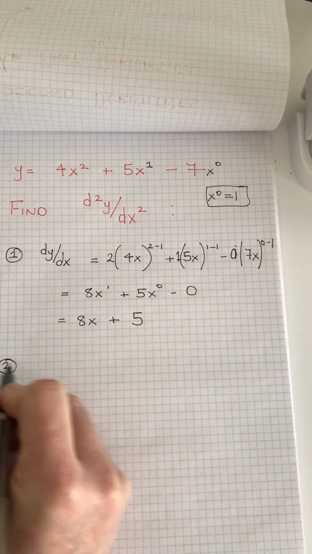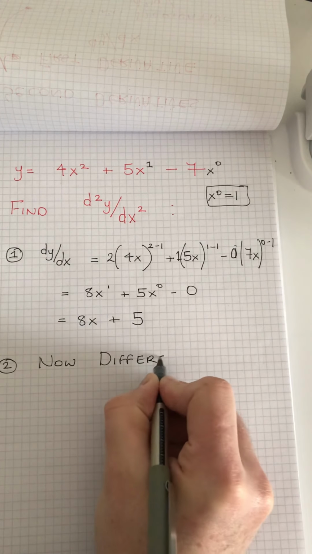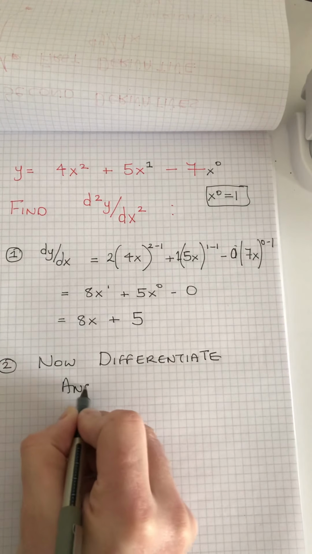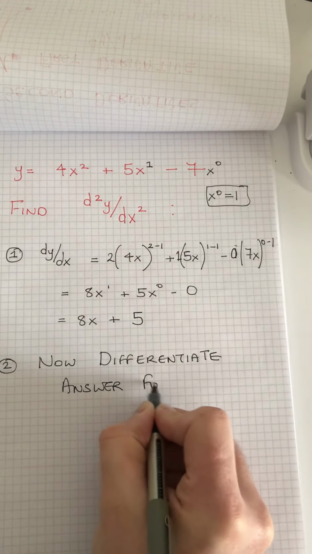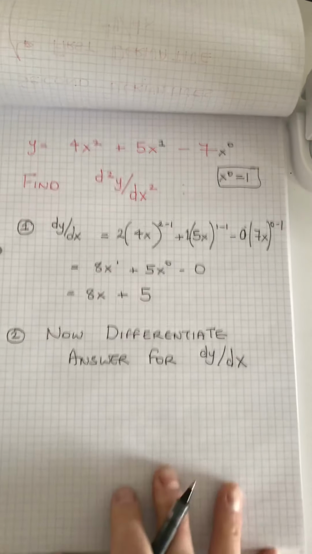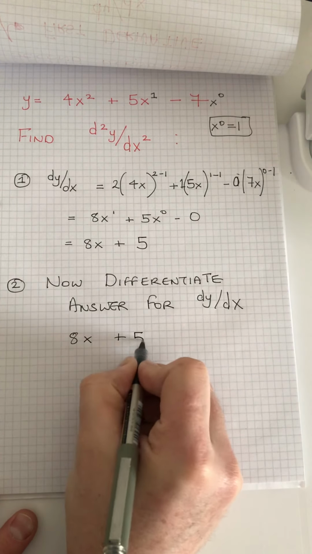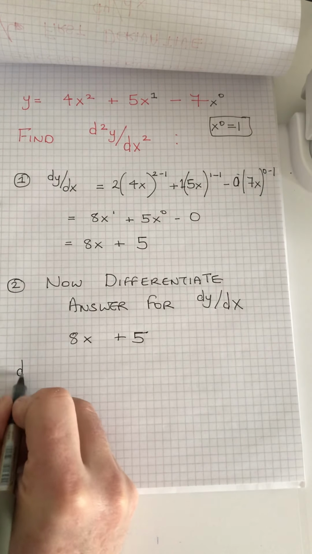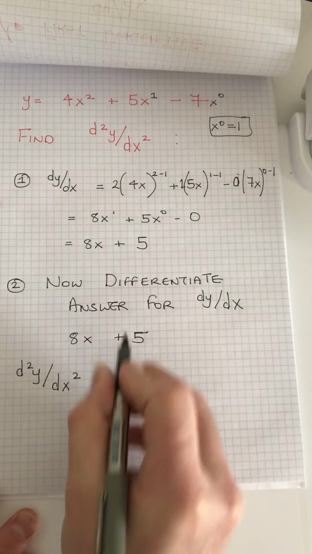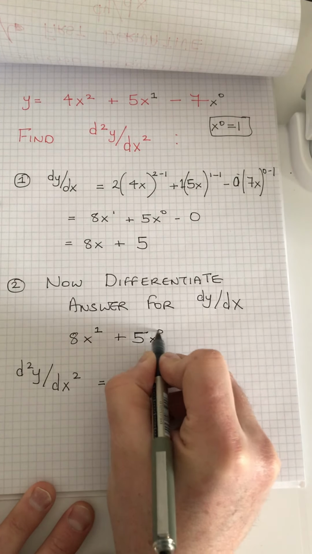So step 2, now differentiate the answer for dy dx. Okay, so we have 8x plus 5. So the second derivative, d2y dx2, is equal to, put in our power again, x to the power of 0.